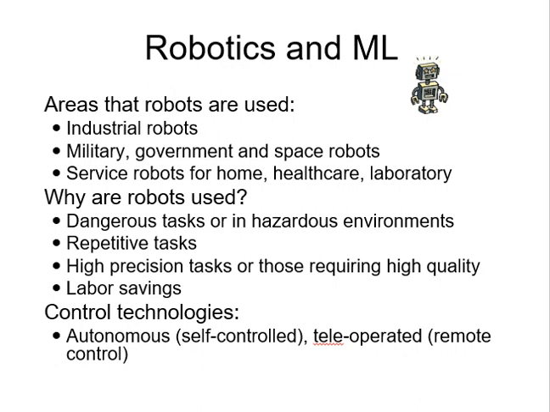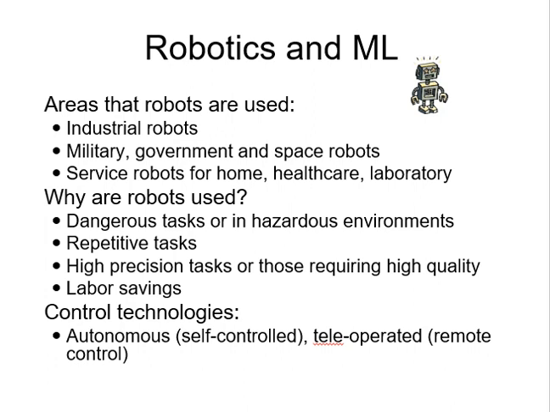Robots are used in many fields. Some of them are industrial robots, military, government, and space robots. And then robots are used in healthcare, laboratory, and home. There are so many fields where we can see robots nowadays. And then we are going to see why robots are used.